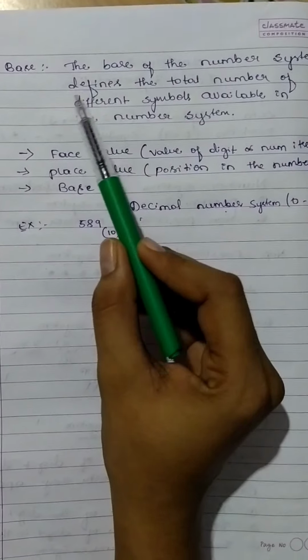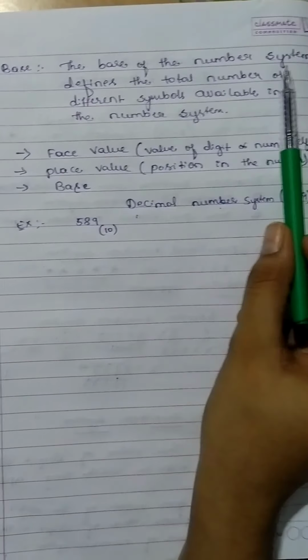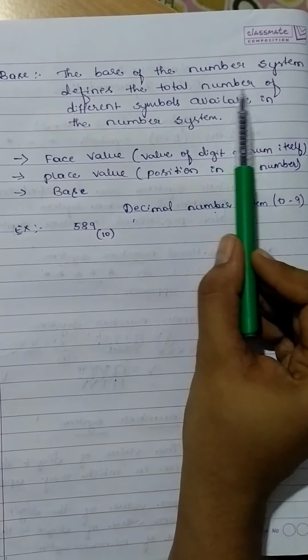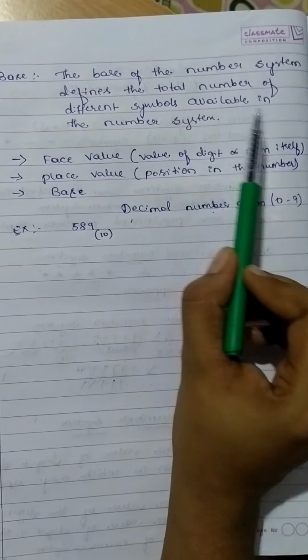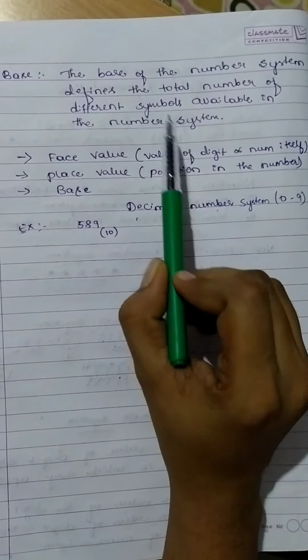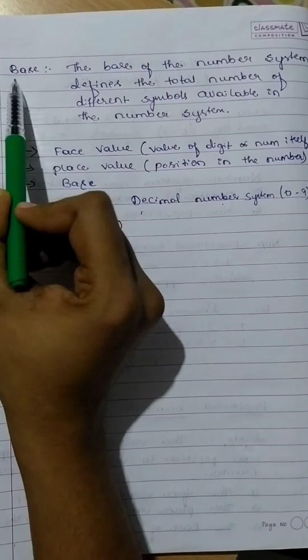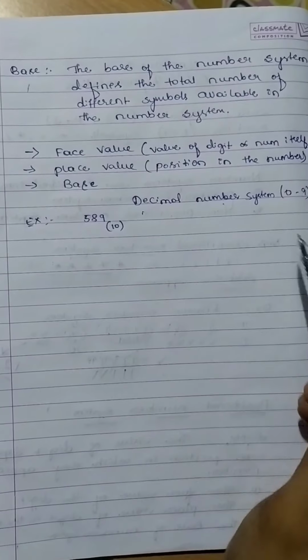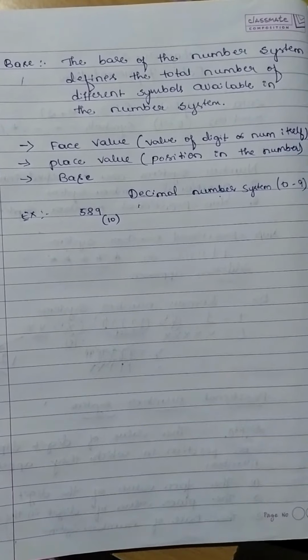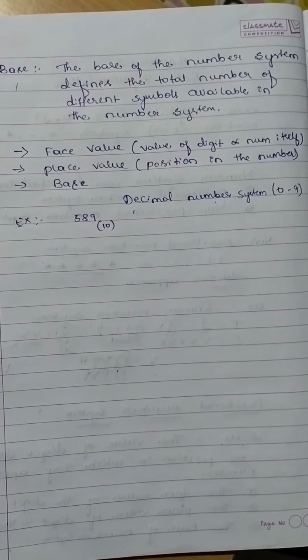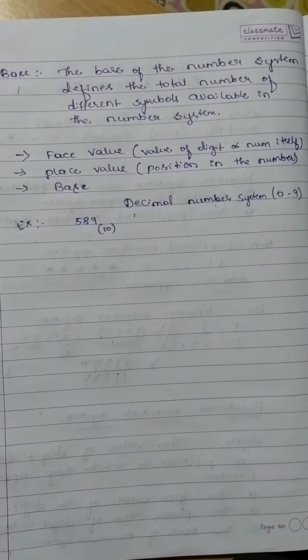So now we'll see what is base. The base of a number system defines the total number of different symbols available in the number system. Okay, this definition of base is important for a 1 mark question.